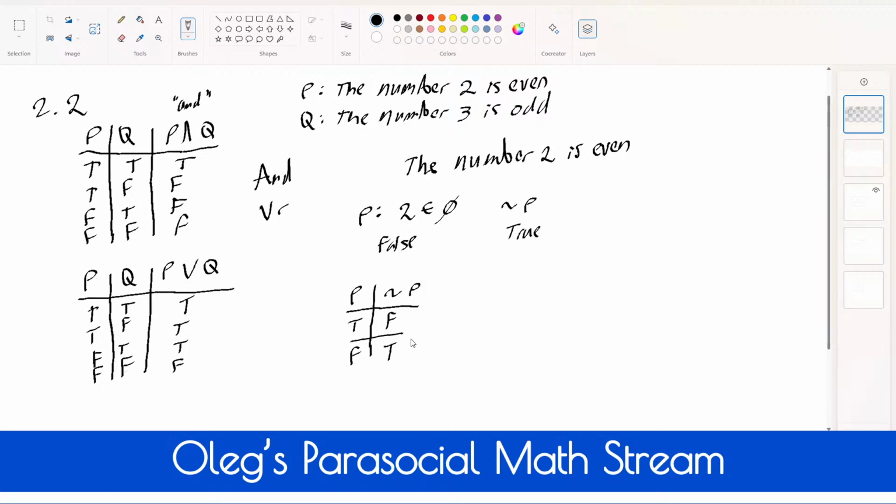Of course, we can apply these operations to open sentences or a mixture of open sentences and statements. For example, X is an even integer and 3 is an odd integer is an open sentence. That is a combination of an open sentence and a statement. Remember that rot idea?